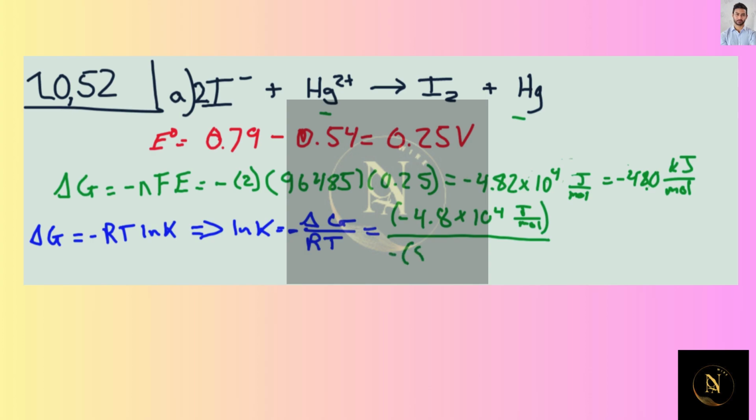The value of R that we're going to use is 8.314 because it's in units of joules per Kelvin mole. And then we multiply that by 298 Kelvin. That gives a value of 19.47. So then the ln of K is equal to this. If we take the inverse of the ln, or e to that power, we get K equal to 2.86 times 10 to the 8th.